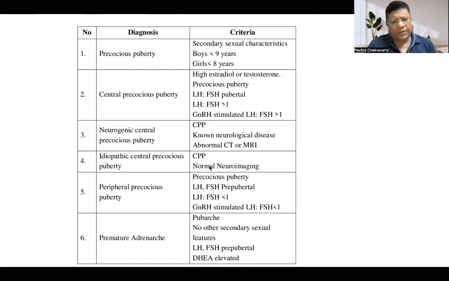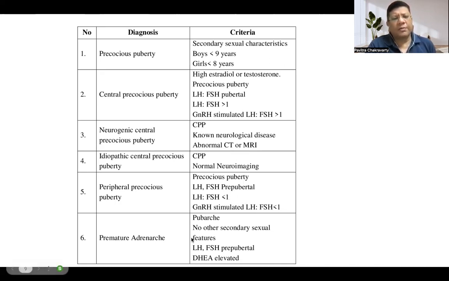Idiopathic again is normal; you won't get anything. The CT scan will be normal. Peripheral precocious puberty: again, in central the LH to FSH ratio is greater than 1, and here the LH to FSH ratio is less than 1. Okay, so this is one you have to know about.